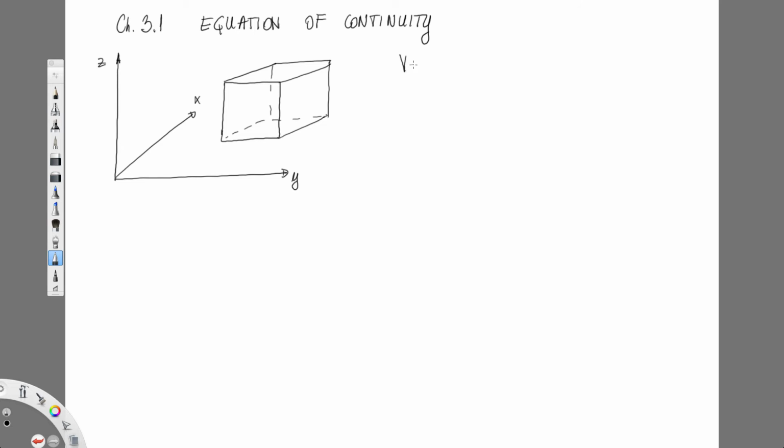So my volume is delta x, delta y, delta z. So this is my delta x, delta y, delta z.